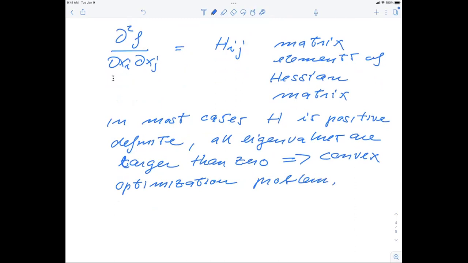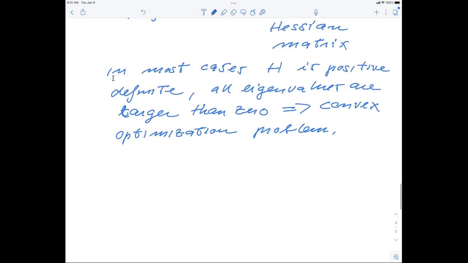So this Hessian matrix, which is defined by the second derivatives of the function, enters the standard search for the optimal parameters. Let's look at how these things come about.